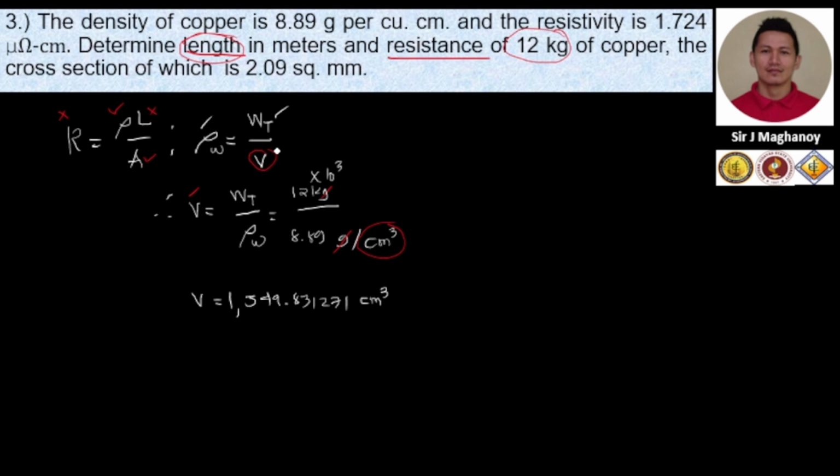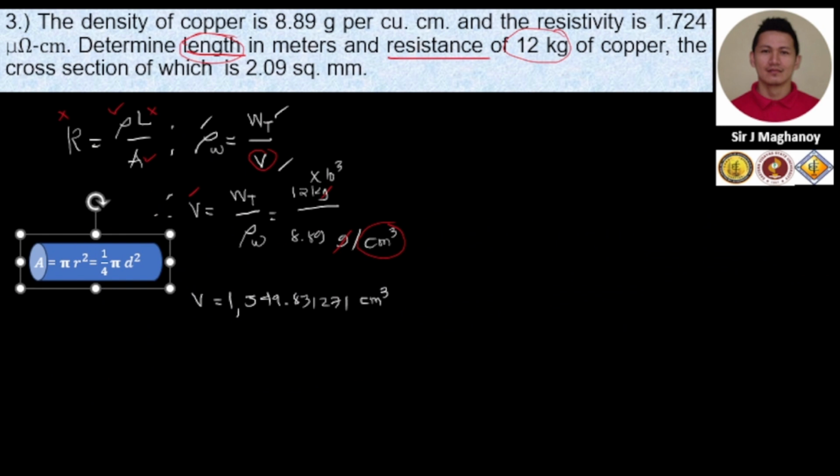Again, we already have our volume. Can we determine the length? Do we have a cross-sectional area? Yes. If we recall the formula for the cross-sectional area of a cylinder, it is equal to 1/4 pi d squared, but the cross-sectional area is already given.